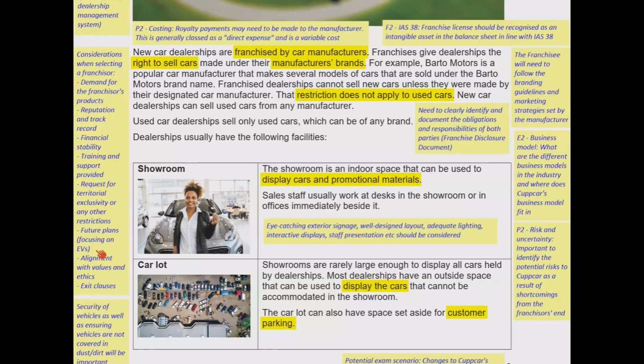But it's going to be a consideration for any dealer to make sure that they are tying in with a manufacturer who's got robust and strong future plans for the growth and development of their electric vehicle offering. The dealership needs to make sure that it can move at the right pace to accommodate those changes.